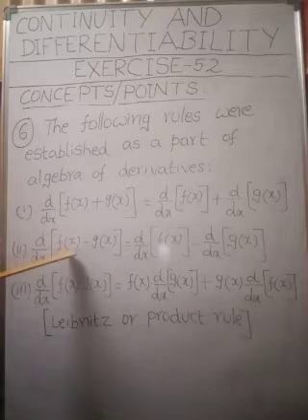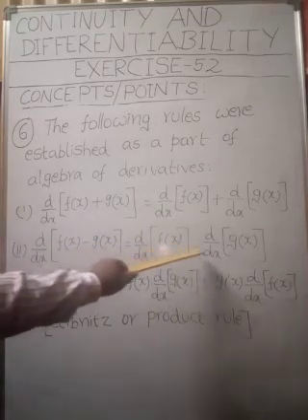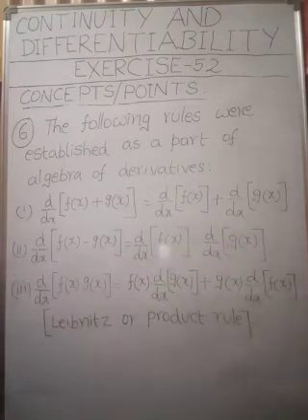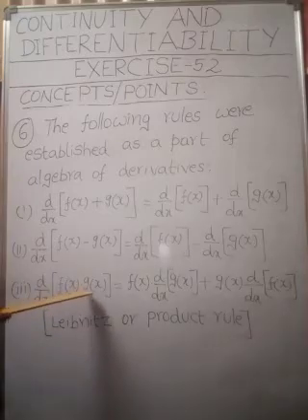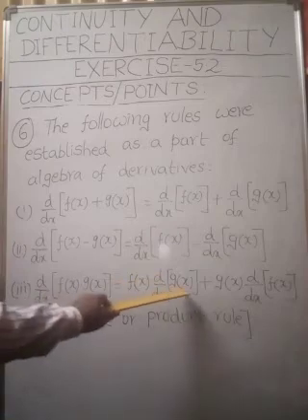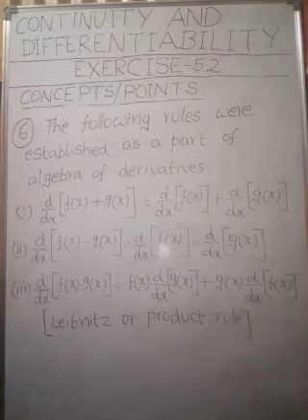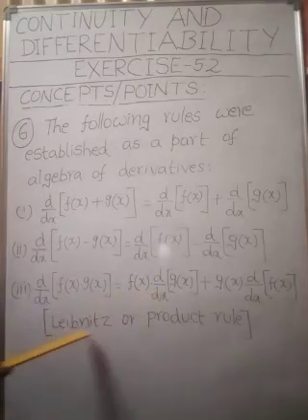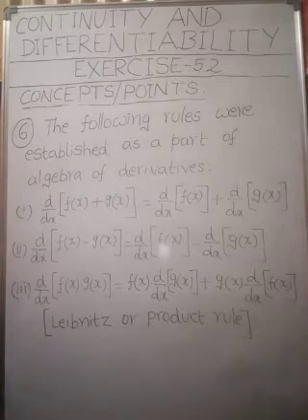D by dx of f of x minus g of x is equal to d by dx of f of x minus d by dx of g of x. Now come to the third. D by dx of f of x into g of x is equal to f of x into d by dx of g of x plus g of x into d by dx of f of x. This is called Leibniz rule or product rule. You have already studied in class 11. Okay, my dear children, right.